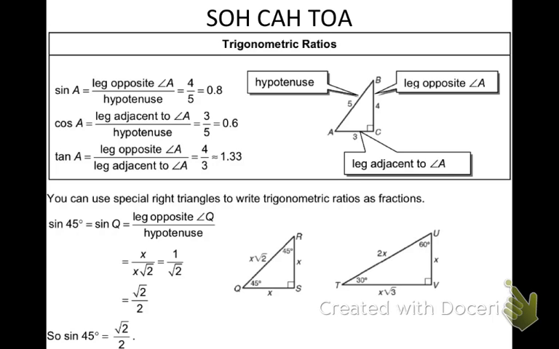It is an acronym for the trigonometric ratios. I say it all in one word, but really it's broken up into three parts. They are the ratios that are used within a right triangle to solve.